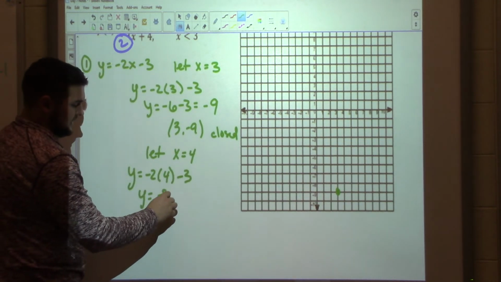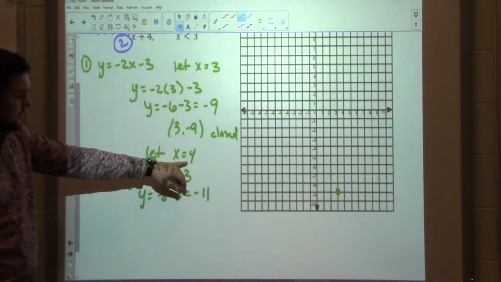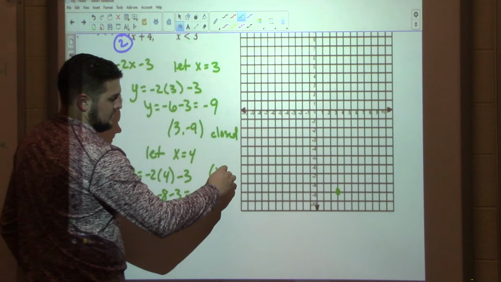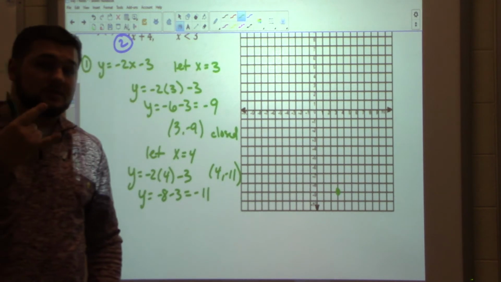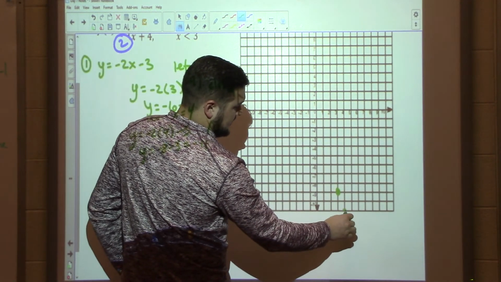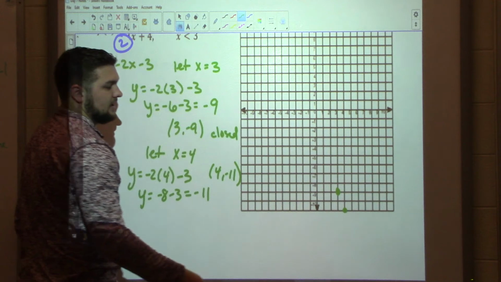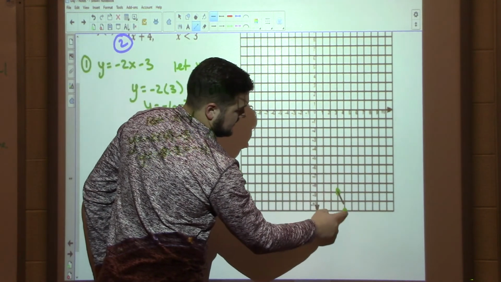In other words, negative 8 minus 3, which is negative 11. So I know at 4, negative 11, I have my second point. That point's going to show me what direction to draw my line in. So at 4, negative 10, negative 11, I have my second point, and I can officially take my straight edge and draw in my line.